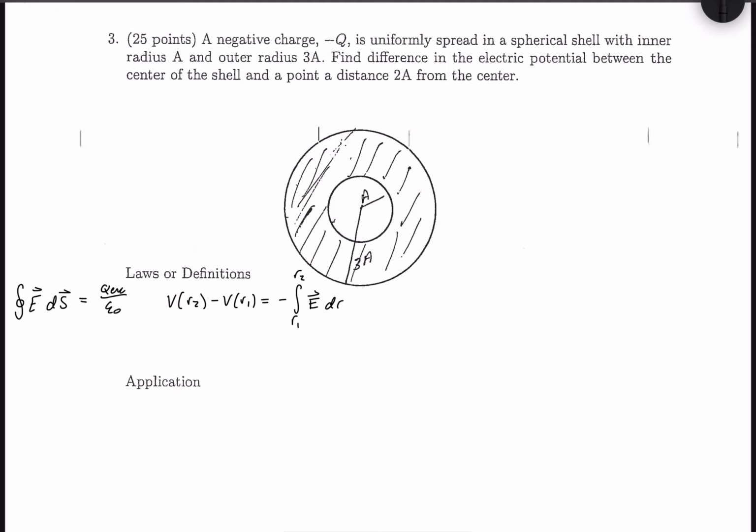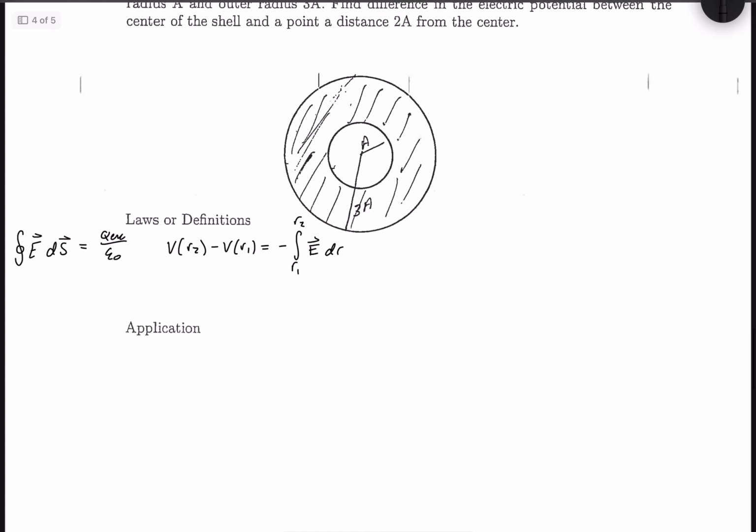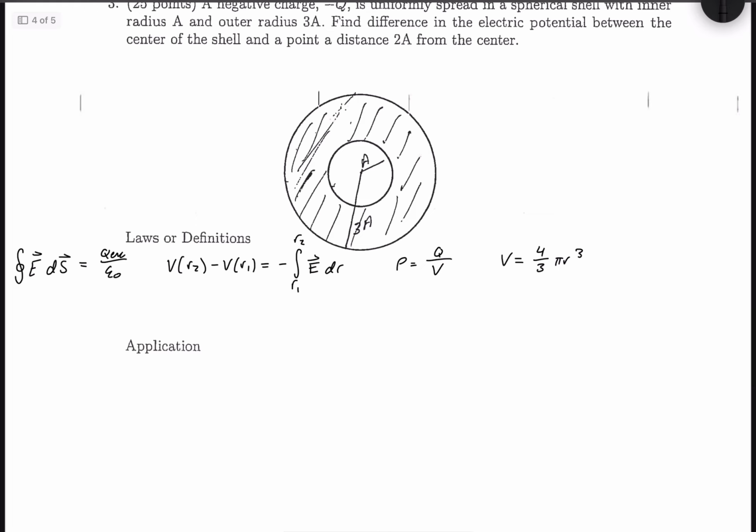Then another one I think would be useful here is the fact that rho, which is charge density, equals charge over volume. We're also going to probably want the volume of a sphere. That might be helpful eventually. No, that should actually be it.